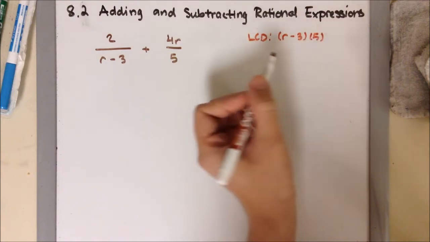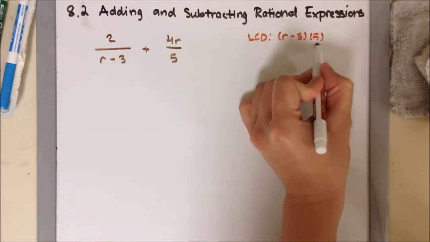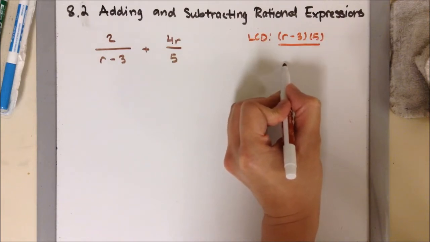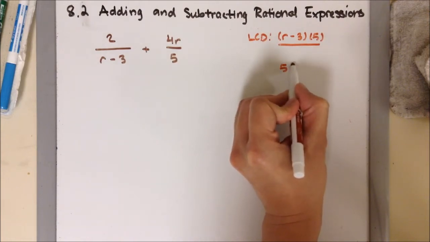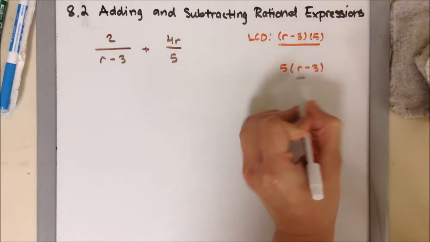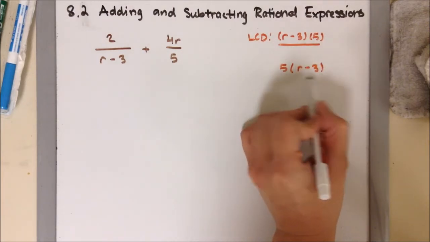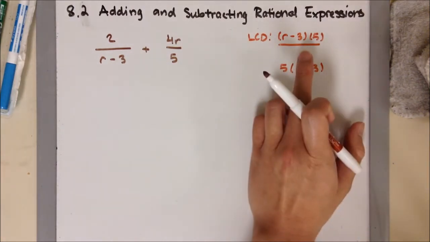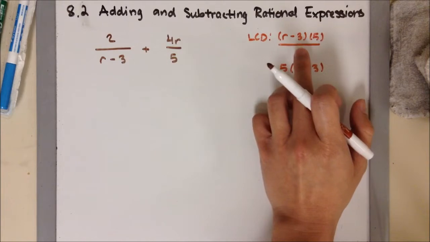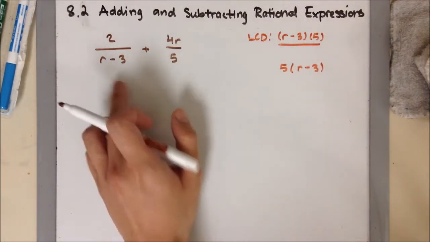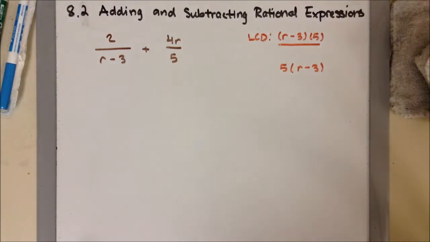So the final form of the LCD, meaning that in our final answer you should write 5 first, and then r minus 3 in parentheses. So this will be the final form, meaning this is the denominator in the final answer. And then we're going to compare the LCD with each respective denominator.